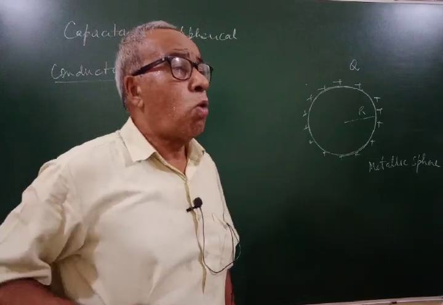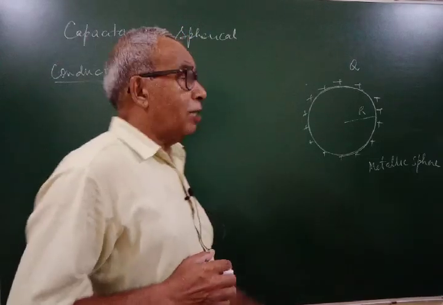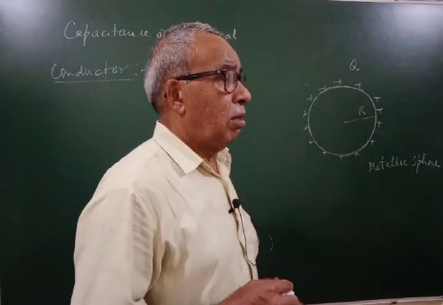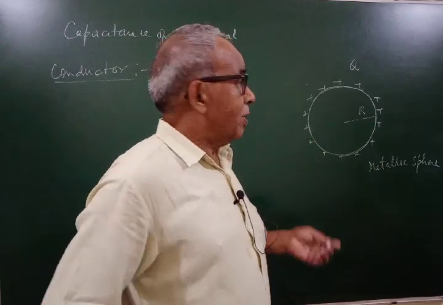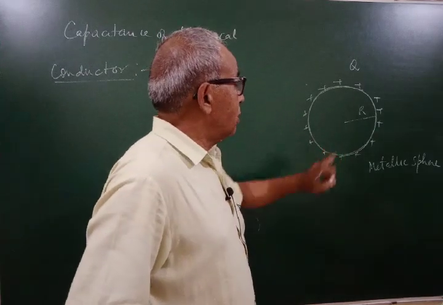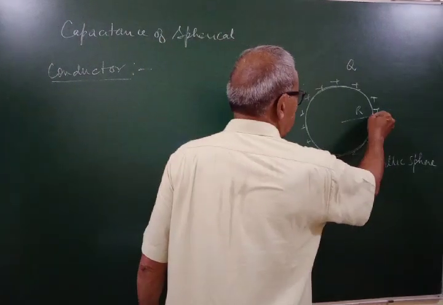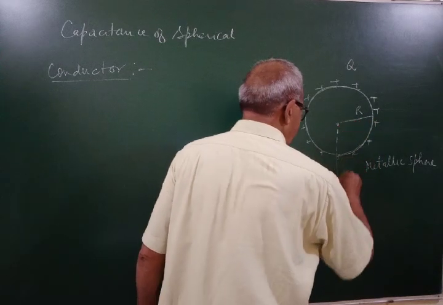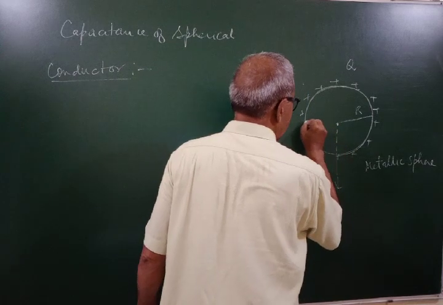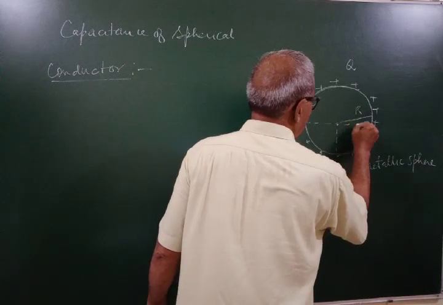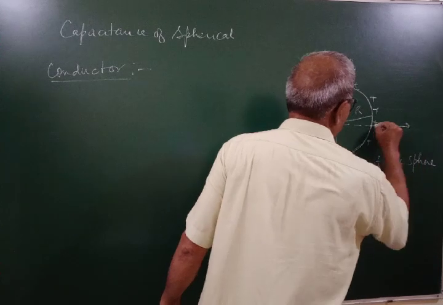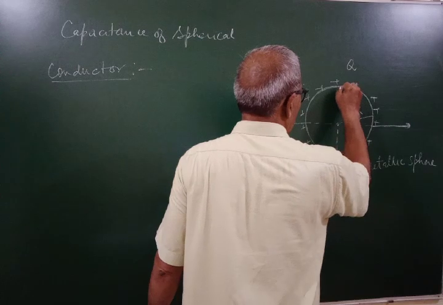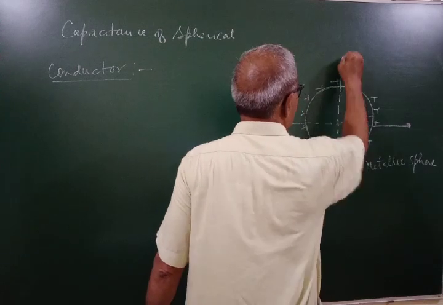And for a point outside the conductor or on the surface, the whole charge appears at the center, and there is no charge inside and hence no electric field inside it. This is the radius I have shown, but I can draw the pattern of field lines like this. Dotted lines indicate there is no electric field inside, but on the surface the field is perpendicular to the surface.